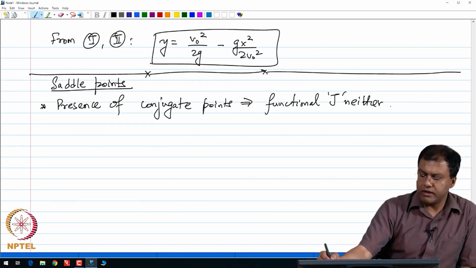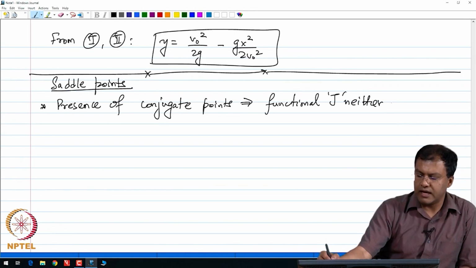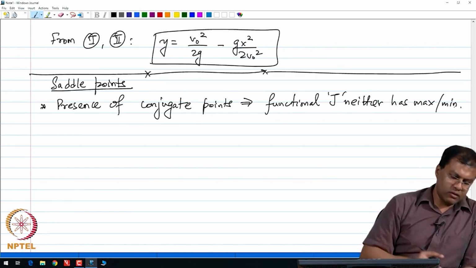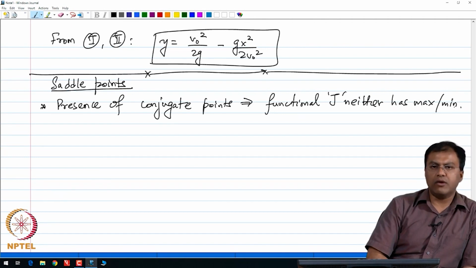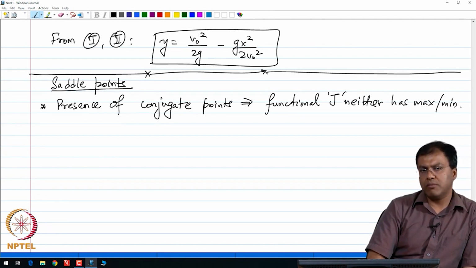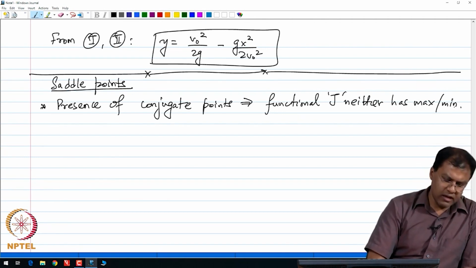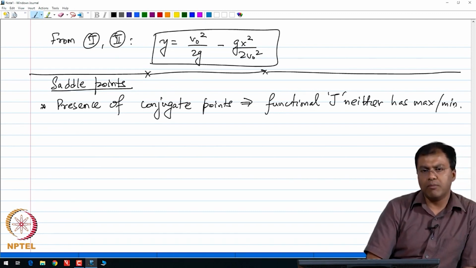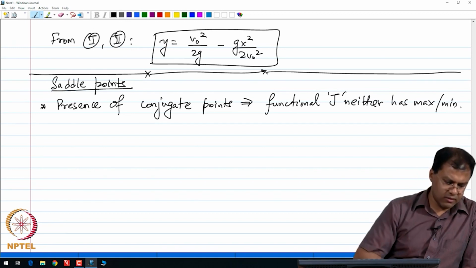The presence of conjugate points guarantees that the functional neither has maxima nor has minima, right. Okay. So, this question: is there a way to classify the functional with conjugate points corresponding to the one that we have done for saddle points in finite dimensional case? Okay.